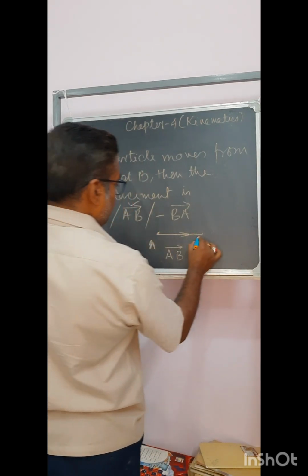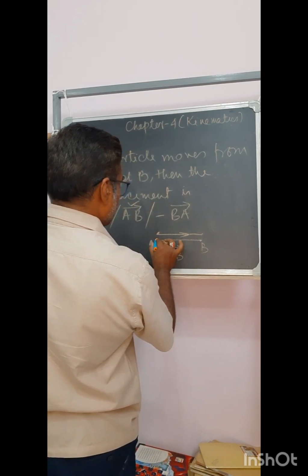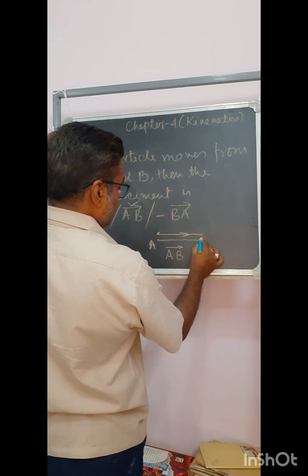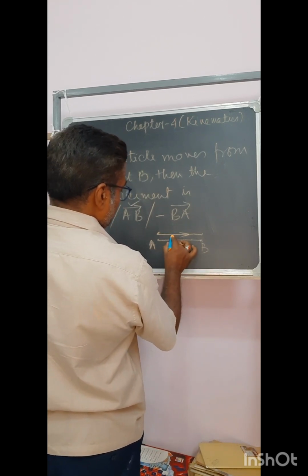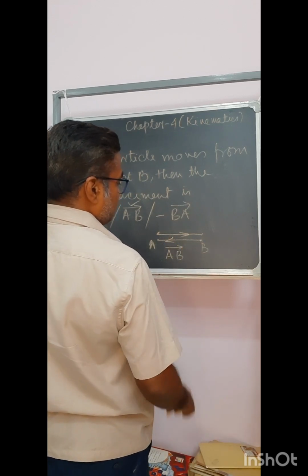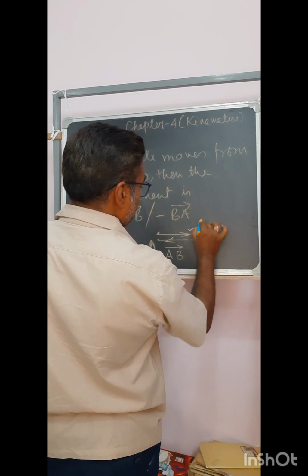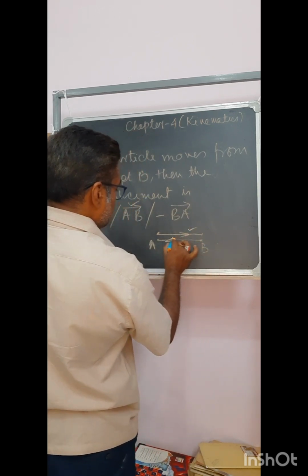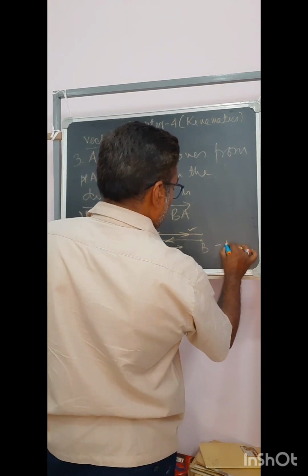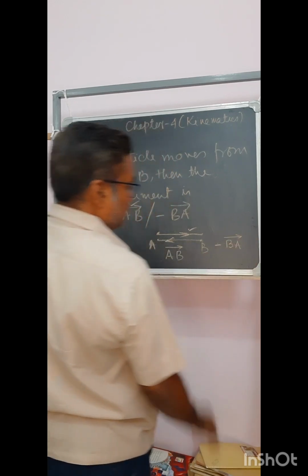But if I assume there is one vector which is parallel to this, having the same magnitude, starting from B and ending at A, so the arrow will be there. What would be the representation for this vector? If I assume this is the positive direction, then as per the arrow this will be the negative direction, and as it is starting from B and ending at A, this will be the vector BA.